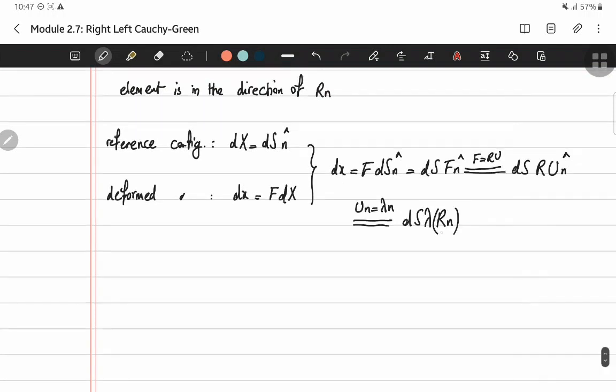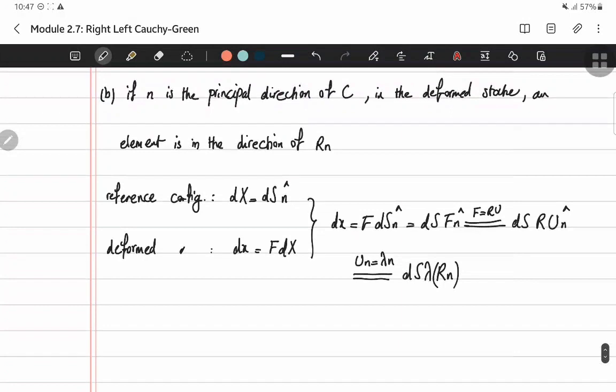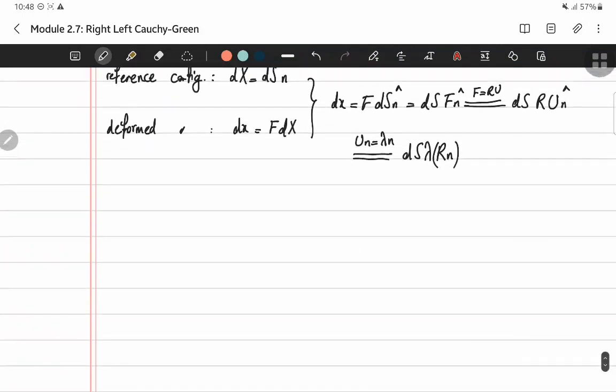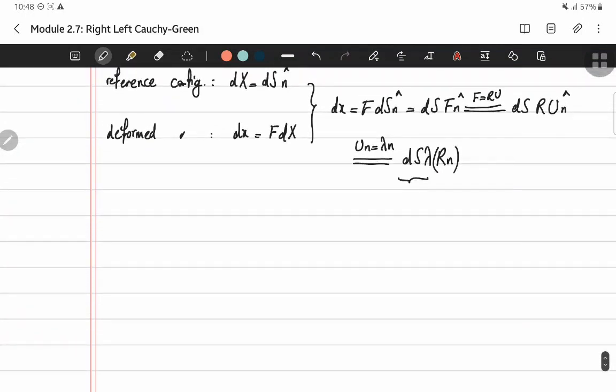So you see that if you have an element that was in the direction n, where n is a principal direction of C, then in the deformed configuration it becomes in the direction Rn, with this eigenvalue and this eigenvector.